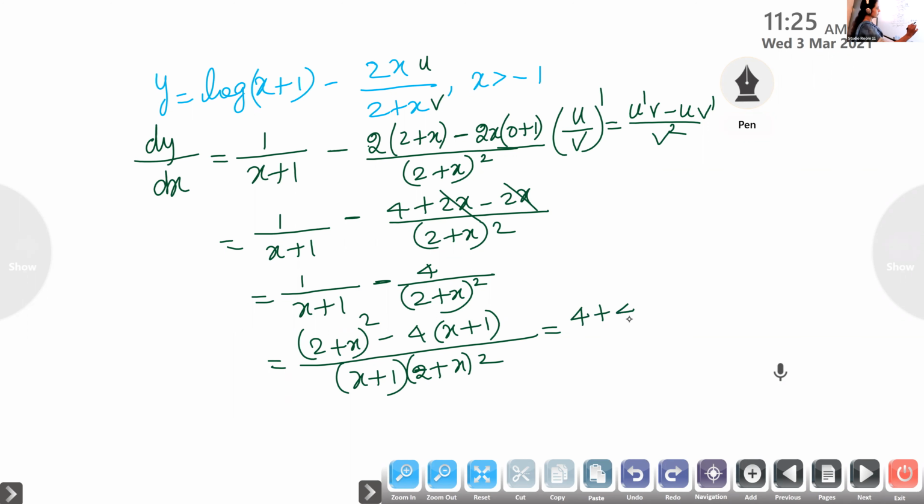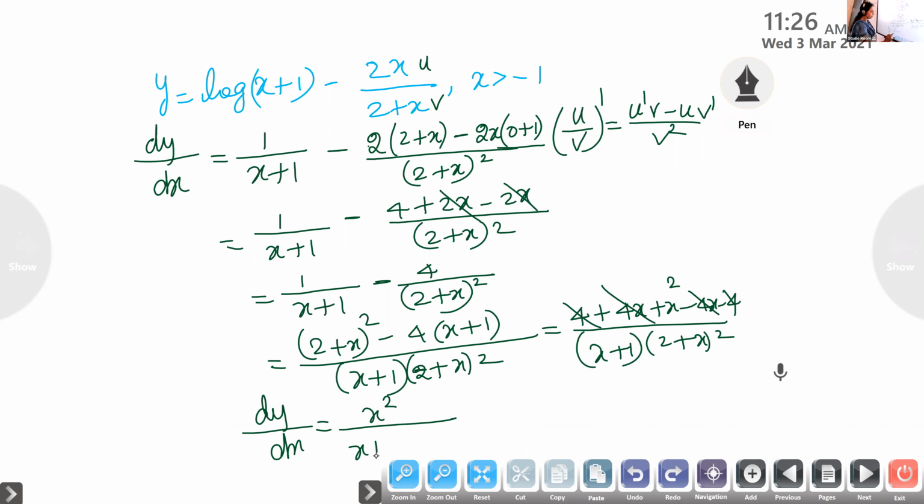So it is 4 plus 4x plus x square minus 4x minus 4 by x plus 1 into 2 plus x the whole square. Now listen here, plus 4x minus 4x, plus 4 minus 4 will get cancelled. So we will get dy by dx is equal to x square by x plus 1 into 2 plus x the whole square.